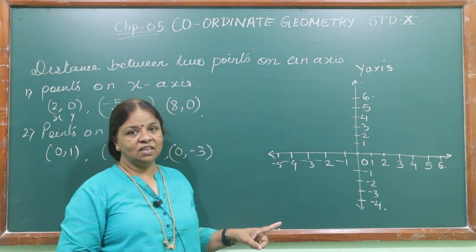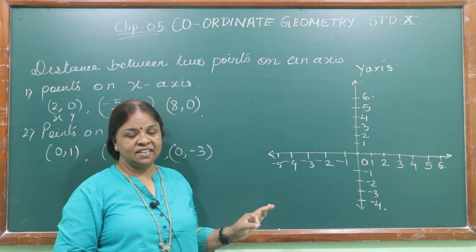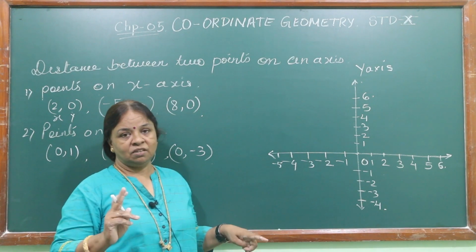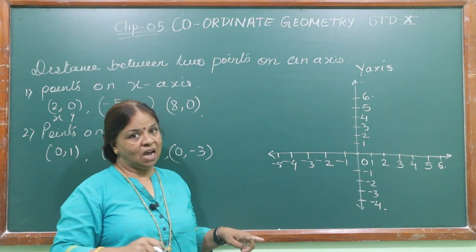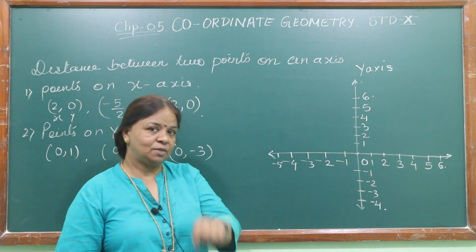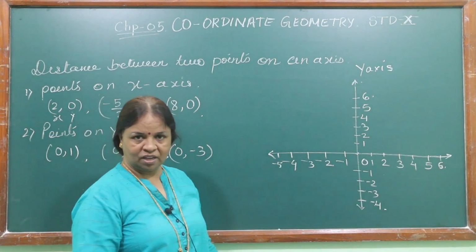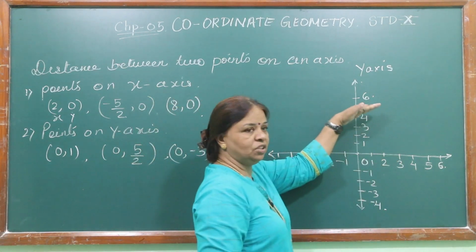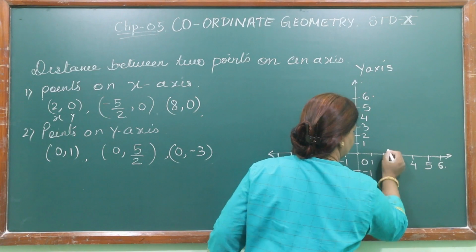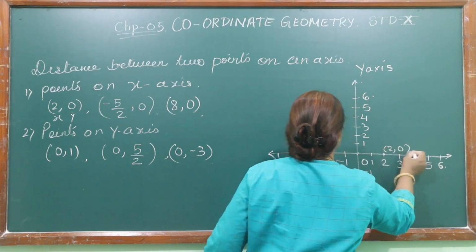This you will be learning, how to plot the point, in chapter 1 of linear equations in 2 variables, how to plot the graph. There I will be explaining you very nicely and beautifully. So (2, 0) means 0 steps on the y-axis. So your coordinate is somewhere here, (2, 0).